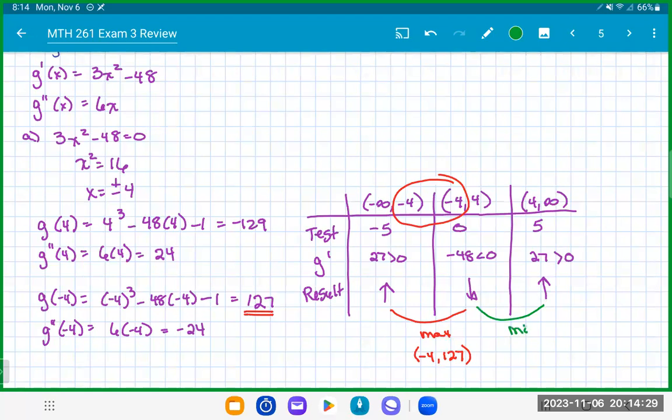So we have a minimum. We're looking at that for our x equal to 4. So x equals 4 is negative 129. So that would be our point there. Questions so far?